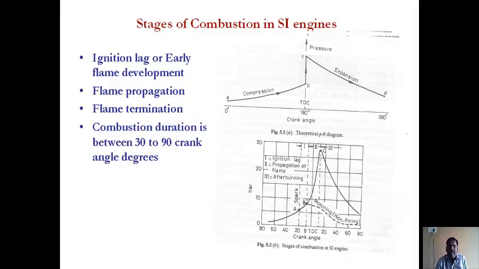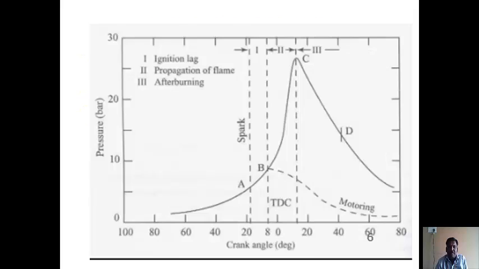It clearly indicates that once a spark is produced or diesel is injected, in both IC engines, the combustion process will not take place immediately. It will take some time. This duration is called the ignition lag period. And the total combustion duration is around 30 to 90 degree of crank angle.